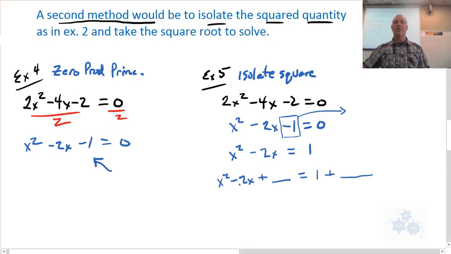So what's half of -2? That's -1 squared is +1, right? Or 1 here. So I add a 1 to this side and I add a 1 to the other side to make the equation balanced. So now what I've got is x minus 1 squared equals 2.